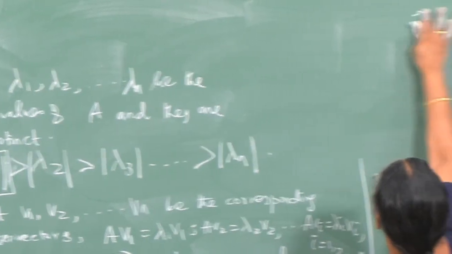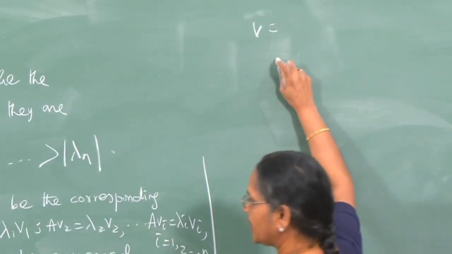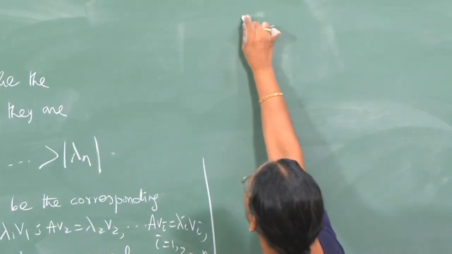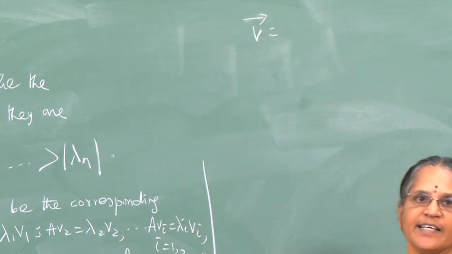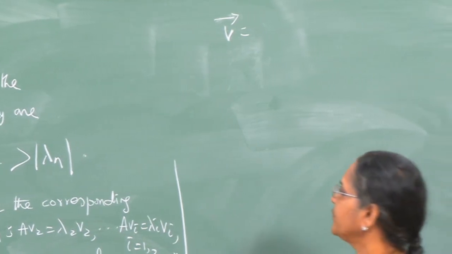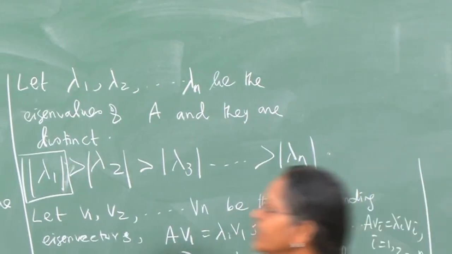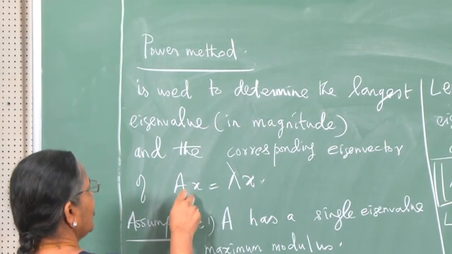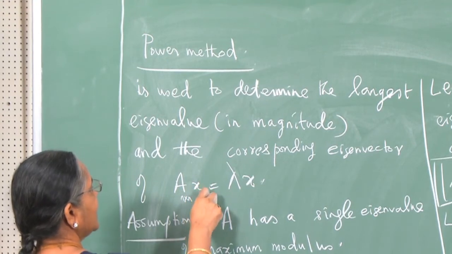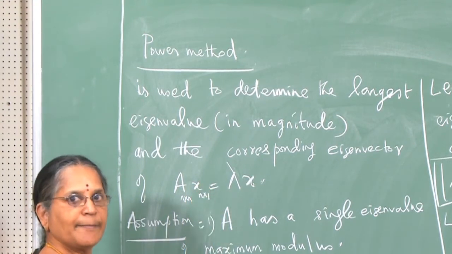If V is any vector, I use an arrow above V to indicate that it is a vector, because we are solving a system Ax equal to lambda x. So, x is a vector; if A is an n cross n matrix, x is an n cross 1 vector.